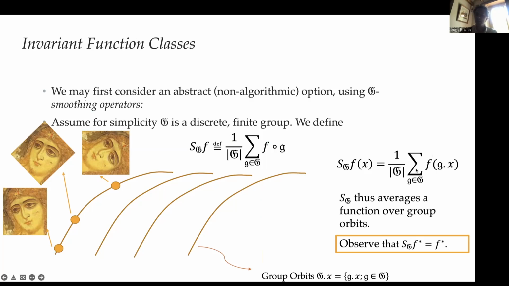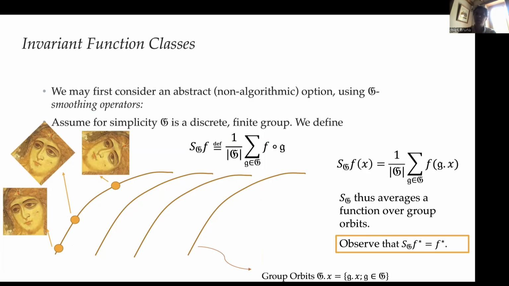This is what we call the orbit. Think of it as some kind of data augmentation: you have all the possible transformed versions of the input. Then I apply my network, my hypothesis f, to each of them, and then I take the average. That's the group smoothing operator.